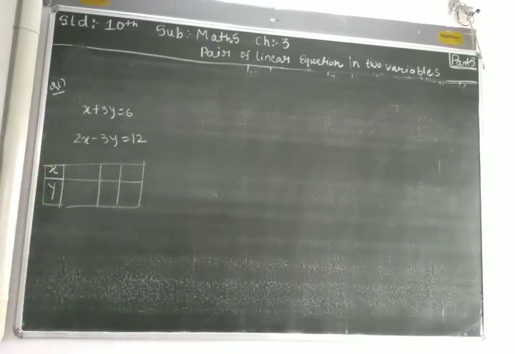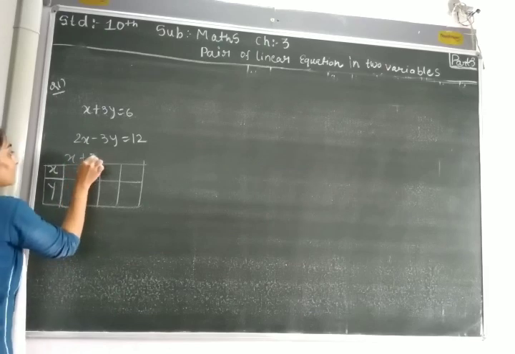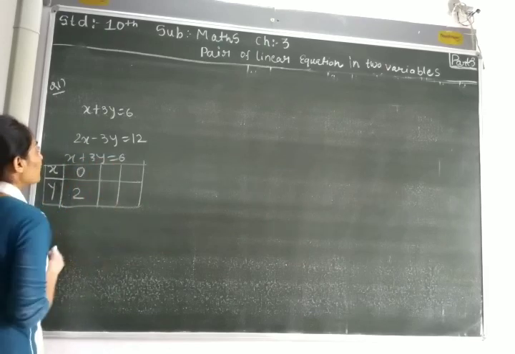If I take x equals 0, what am I getting? Okay, x plus 3y equals 3. Now, if I am taking y equals 0, I am getting x equals 3. Now, if I take, say, y equals 2, my x is equal to 6 minus 6. Okay. Now, 2x minus 3y equals 12. X and y.